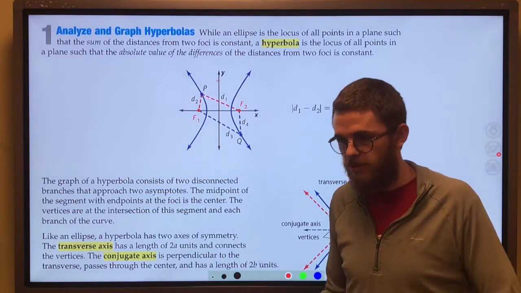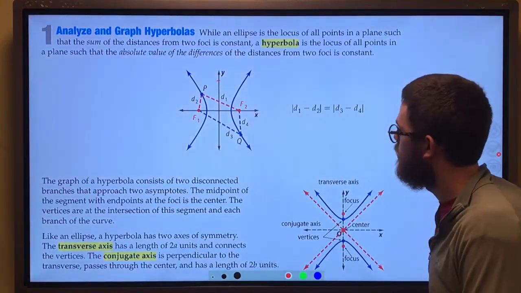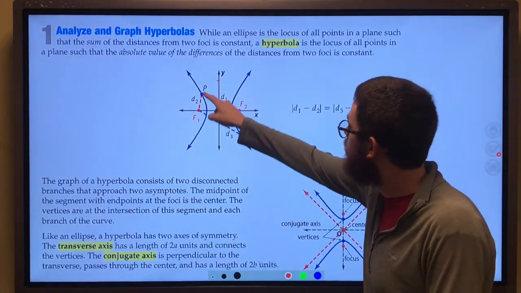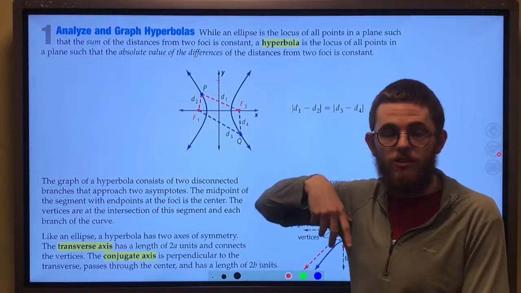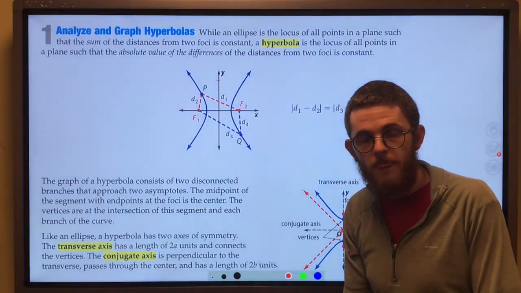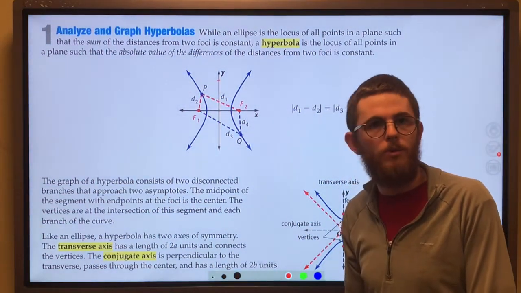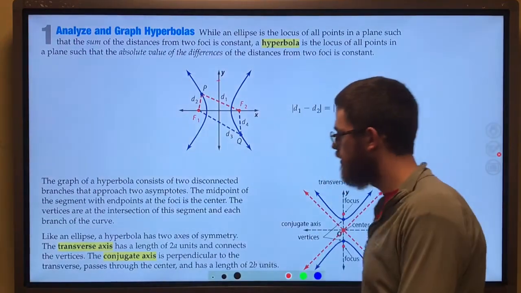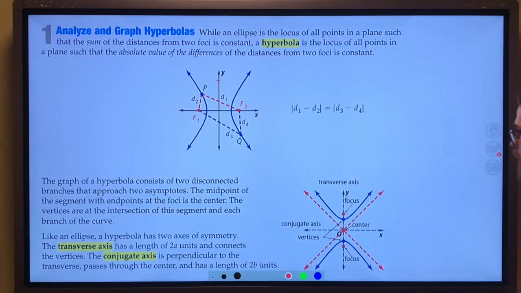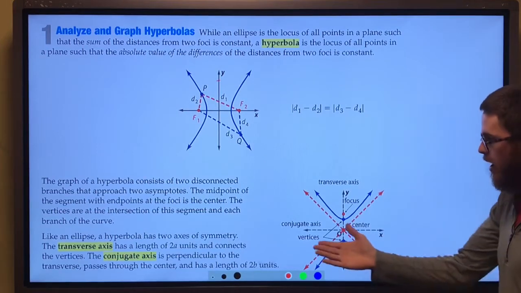So if the difference between these two distances is 2, then they're all going to have a difference of 2. Like that.